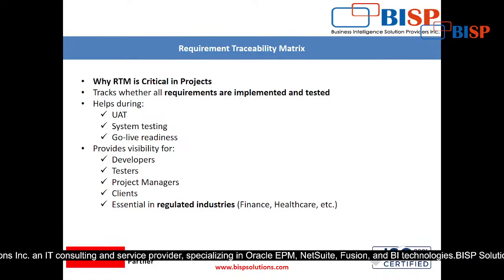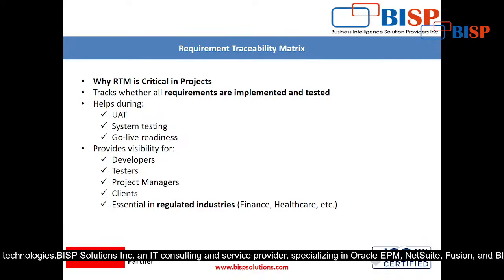Now, it helps during UAT. Now see, this requirement traceability matrix helps you during the UAT also. UAT means user acceptance testing. Now when we are taking the acceptance, okay sir, we have designed this and that, and it is working according to you. Now suppose any employee or any SME or any stakeholder raises an objection that no, this is not what we have given you.